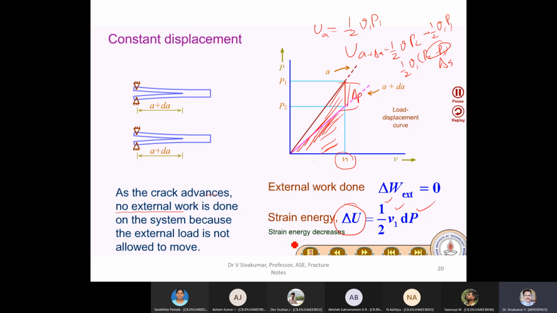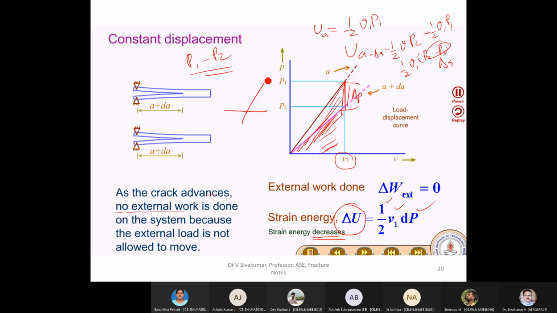Here the strain energy is decreasing, because it is P1 minus P2. So here energy is decreasing, whereas in the earlier case, energy is increasing.